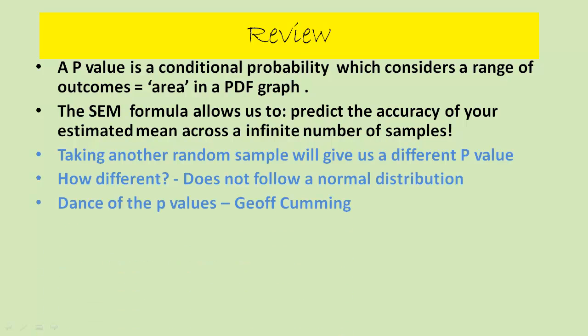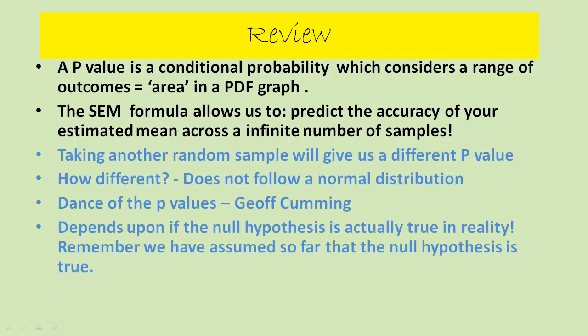We used Cumming's excellent Excel simulation to see how this actually worked out with his dance of the p-values, and we also recommended looking at his YouTube video. The common theme of all the above is that we have assumed that the null hypothesis is true, but clearly in reality this is not always the case, and this is what we're going to consider in this session.